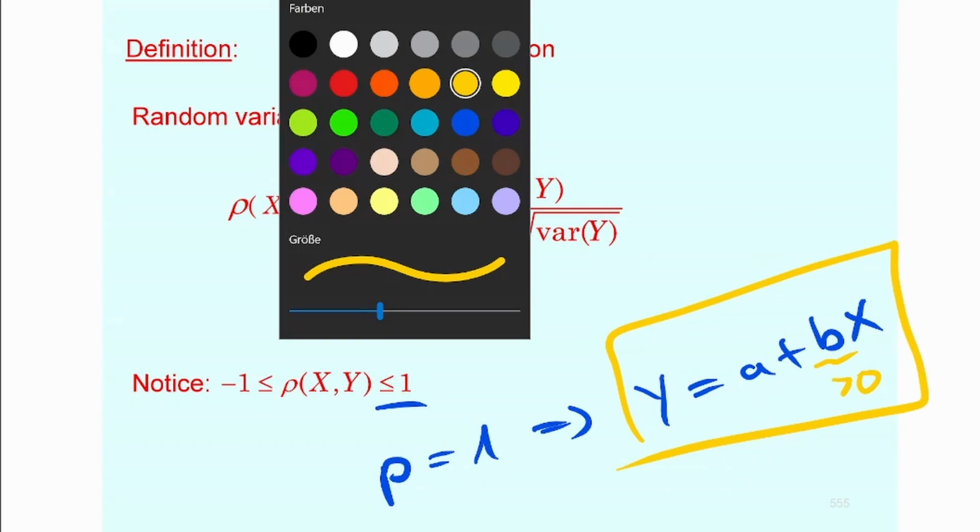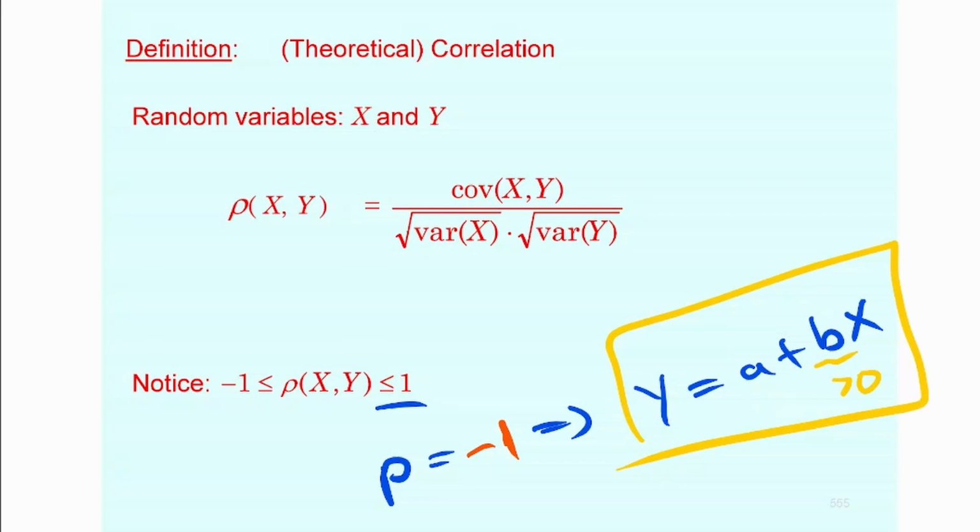And if the correlation is negative, in particular -1, then y is still going to be a linear transformation of x, but the multiplicative constant is going to be negative. But it doesn't really matter. Now, if x is a linear transformation of y, then y is also a linear transformation of x.